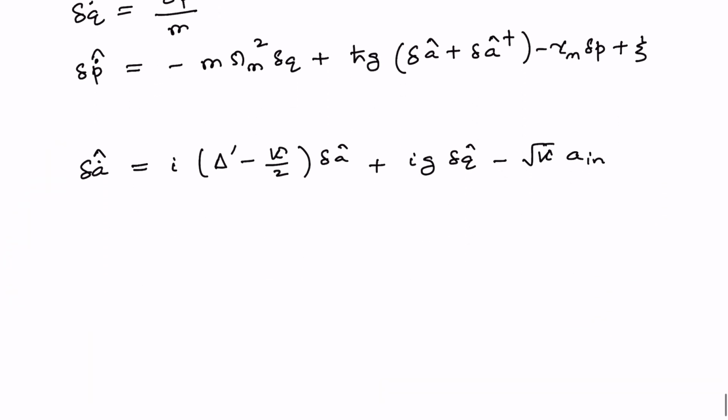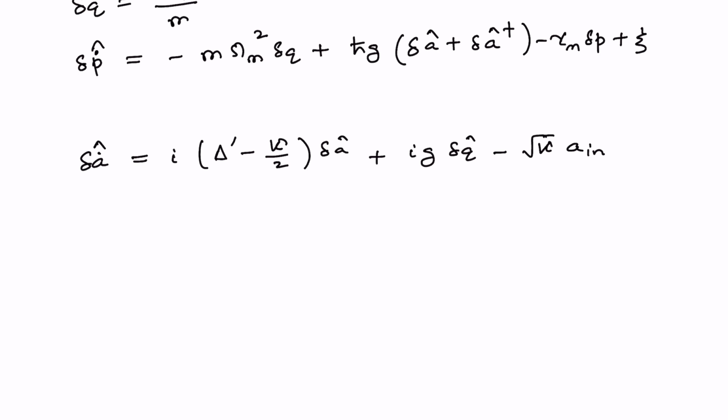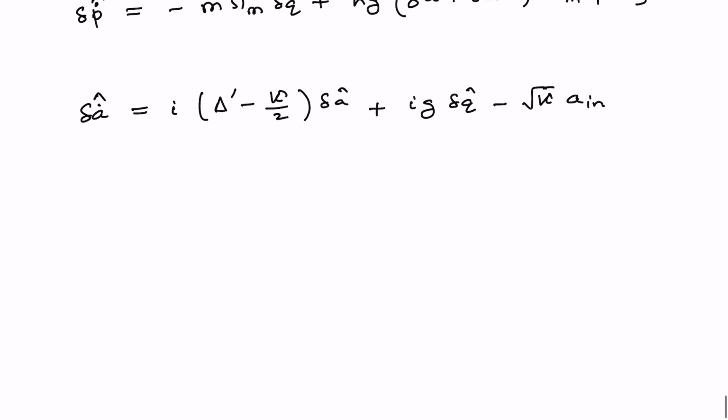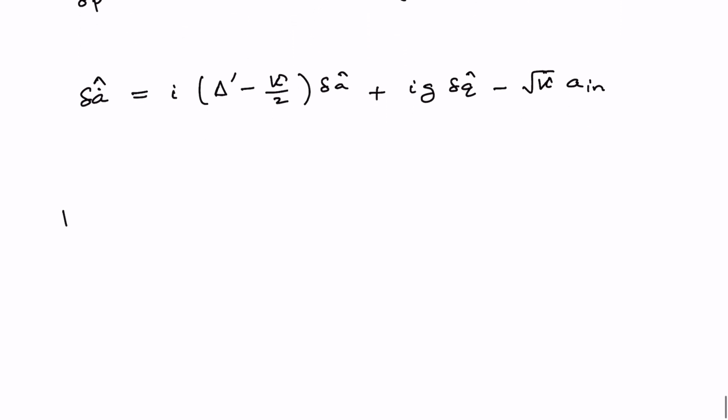Now these equations of motion could be written in terms of creation and annihilation operators of the mechanical oscillator as well, and to do that you can again begin with this form of the Hamiltonian.